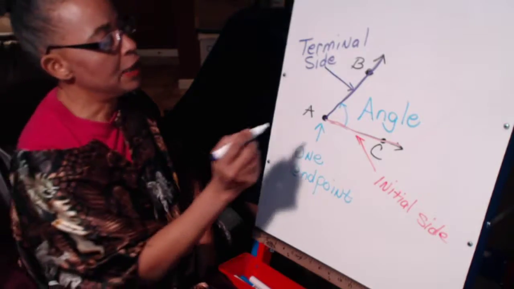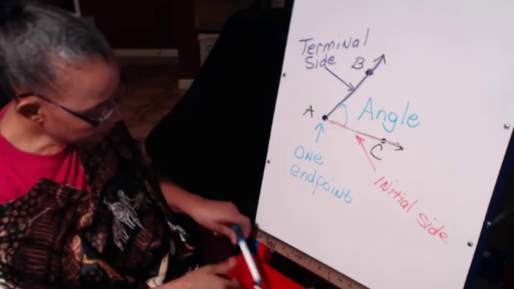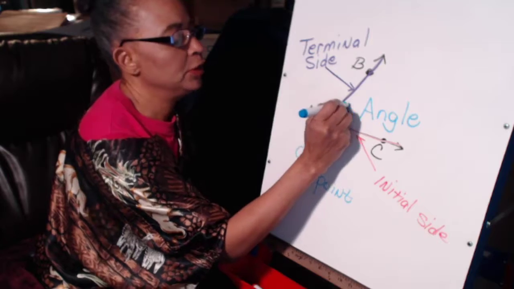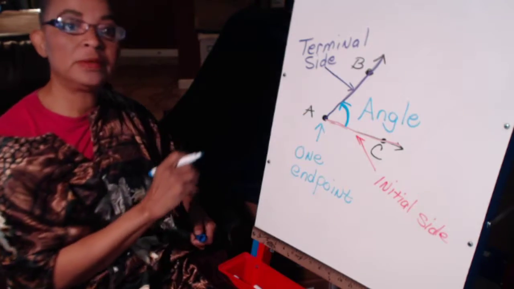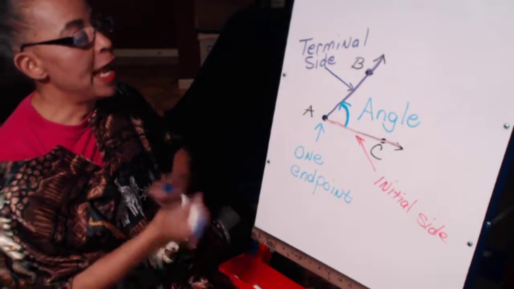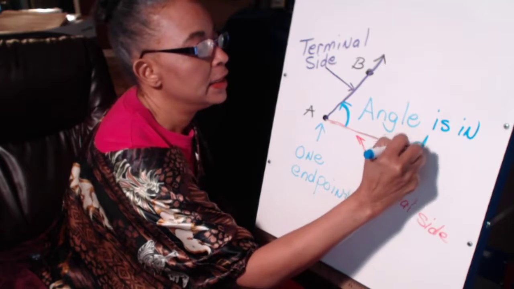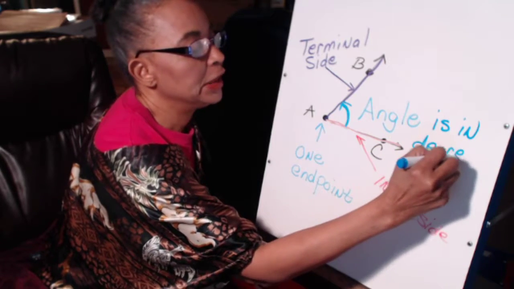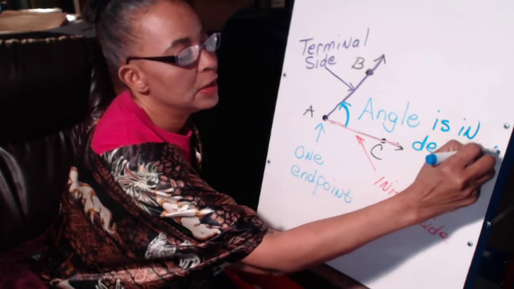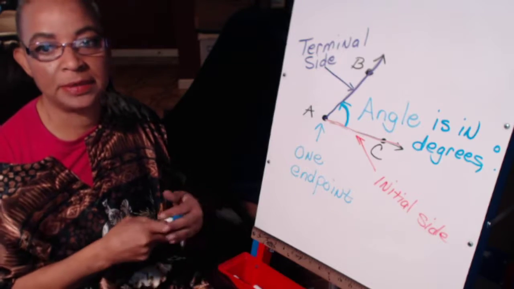Notice that the arrow connecting the 2 is pointing toward the terminal side. The angle is measured in degrees, and we use this little circular symbol, which means degrees.